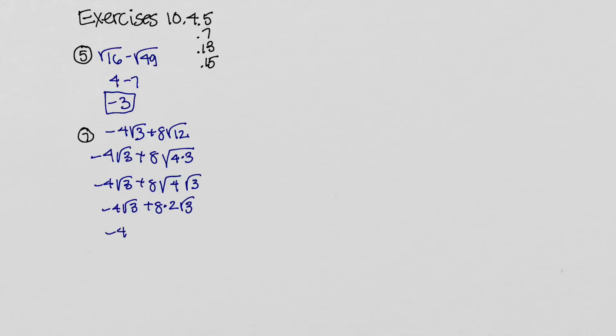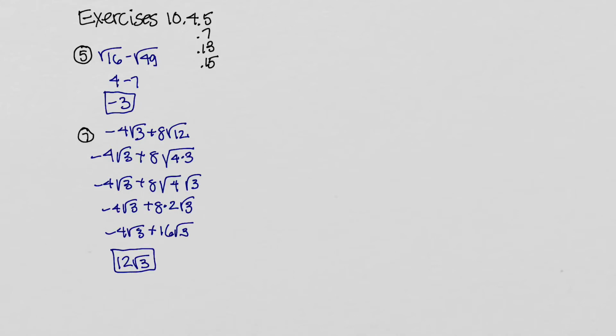And now negative 4 square roots of 3 plus 8 times the 2, 16 of those square roots of 3. Okay, now we've got square roots of 3 here, square roots of 3 here. We've got negative 4 here and 16. What's negative 4 and 16? It's 12. So we're going to have 12 square roots of 3.